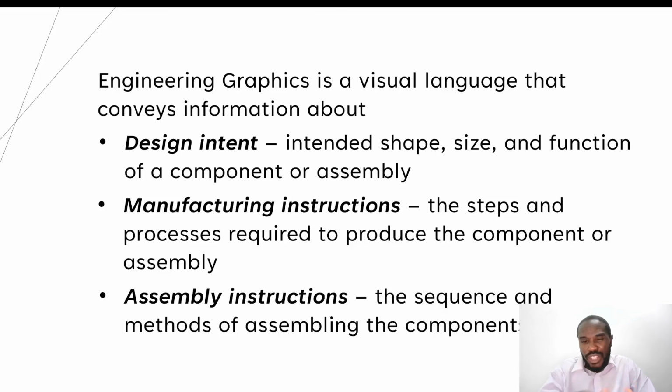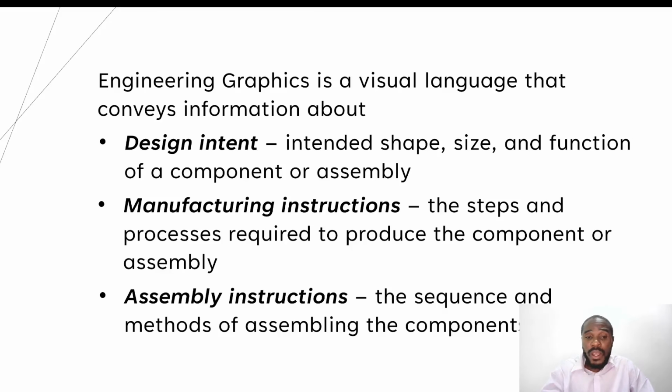What you majorly do in and around your engineering graphics that we're doing now is basically conveying design intent, looking at the intended shape or form of your product, the size, and the function of the components. And sometimes even how this should be assembled, as we will look at in the third point.